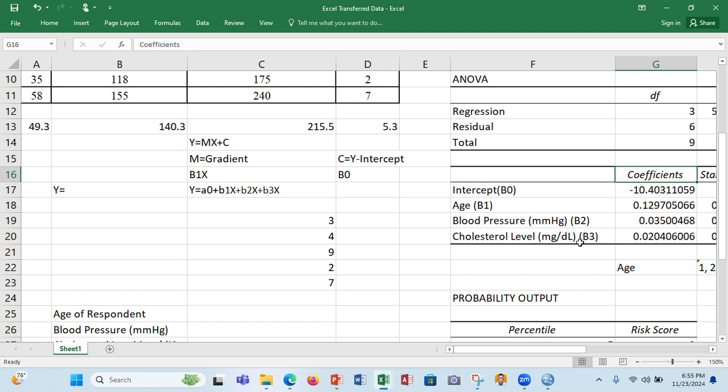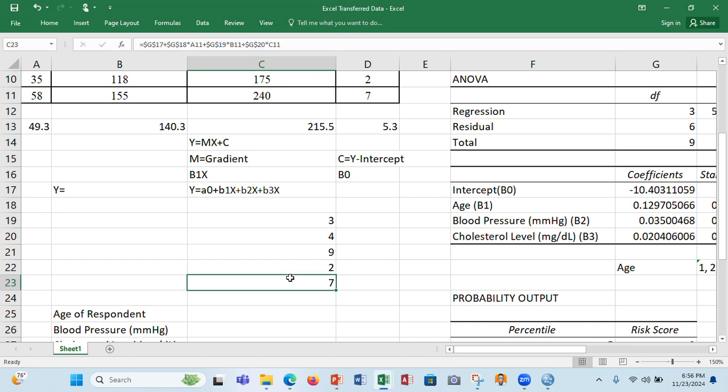Then beta 3 times x: if we know the cholesterol level specific to that patient, then we can also determine the level of risk. So that is what we actually did.